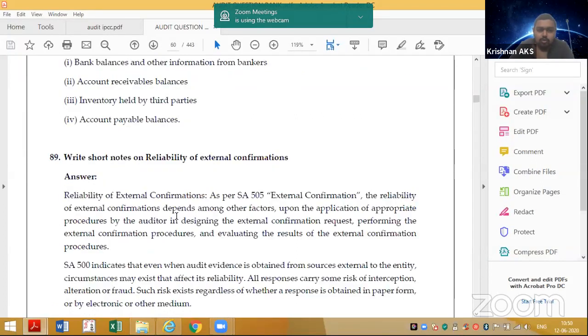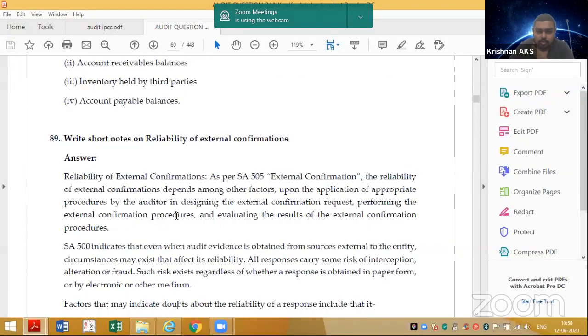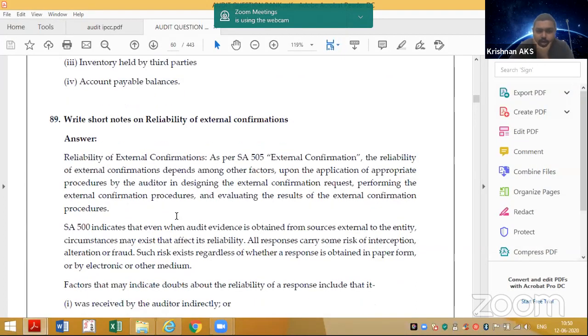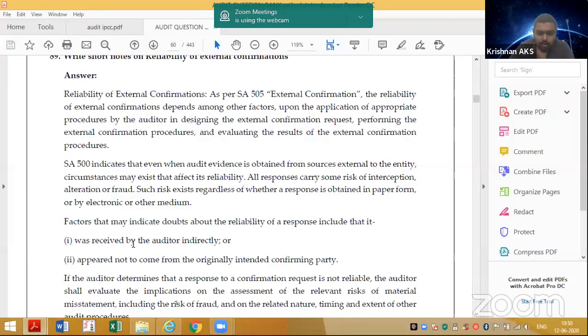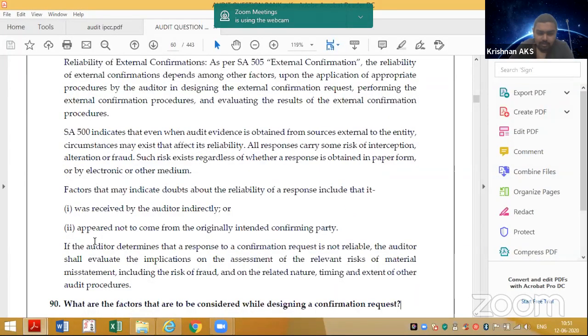Then short notes on reliability of external confirmation. External confirmations are reliable when, okay, they are received directly by the auditor; that is more reliable. If it is received from management through the auditor, then it is less reliable. Then whether they have confirmed, whether they have replied.